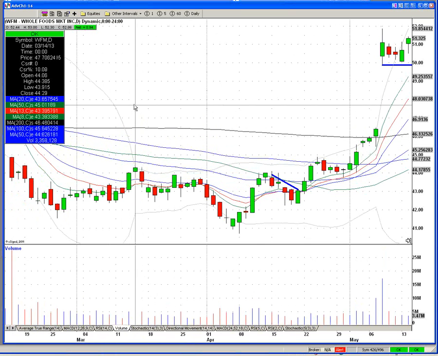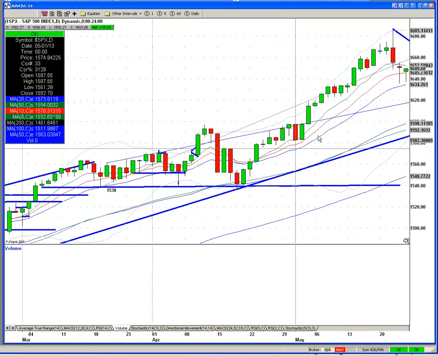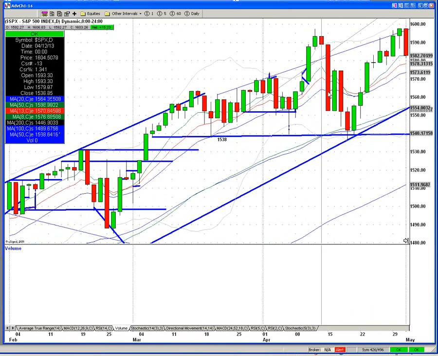If we move along to some other examples of pullback longs, I had May 1st. The market pulled back that first day, and in this instance most people would be inclined to start shorting the market, but we were trading at multi-year highs against this April resistance level.